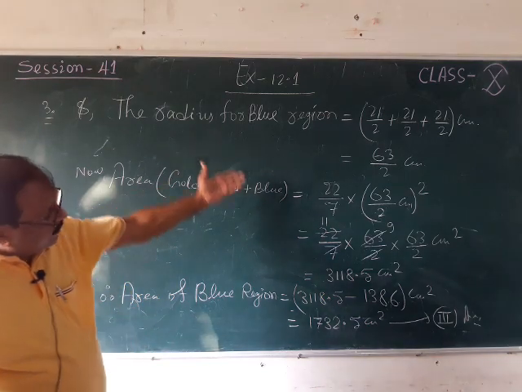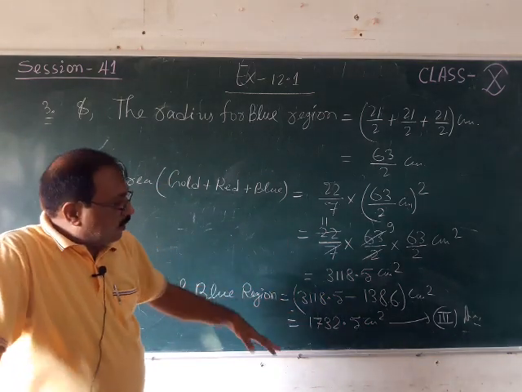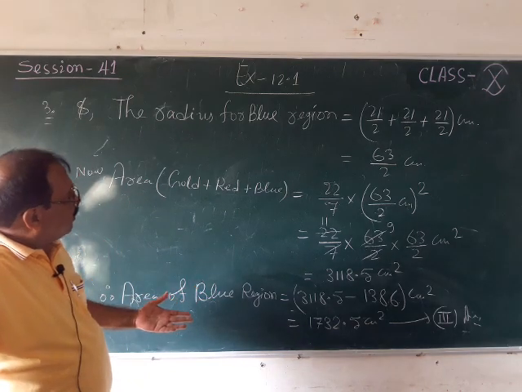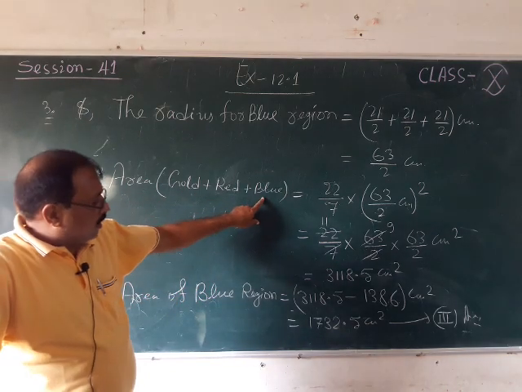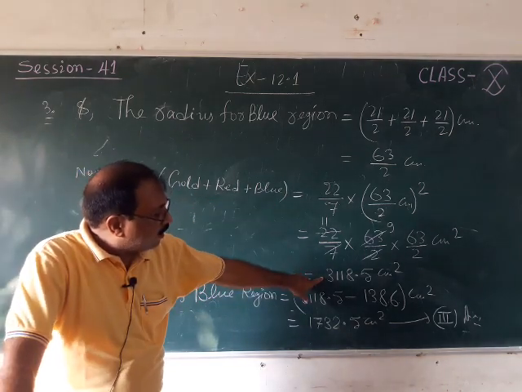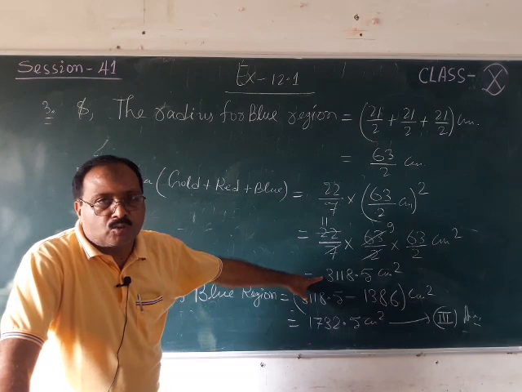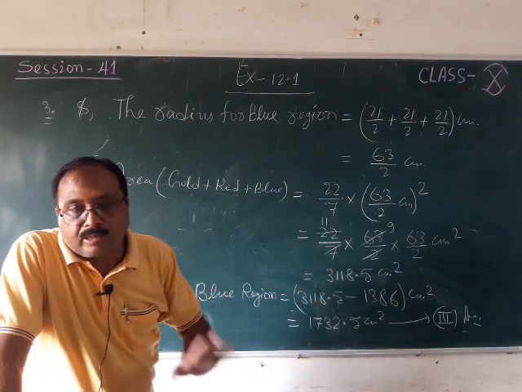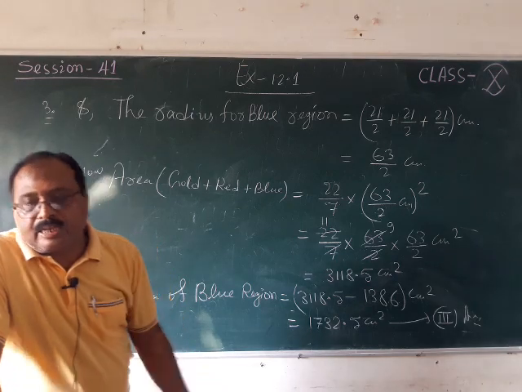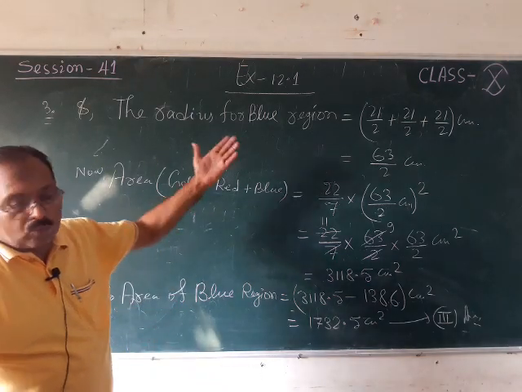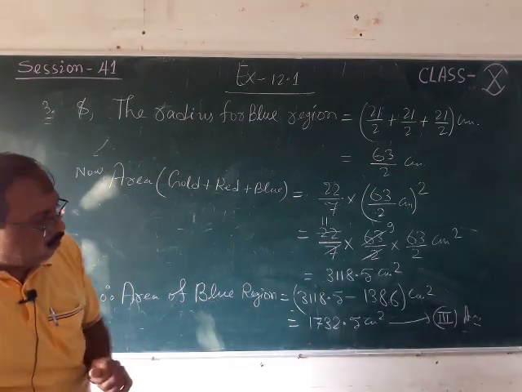Then in the same way you will find the area, then you need to subtract all these 3 areas, which you are getting there, 3118.5 cm square, then you will have the area for the black region. Then again the similar steps you have to follow for the white region also.